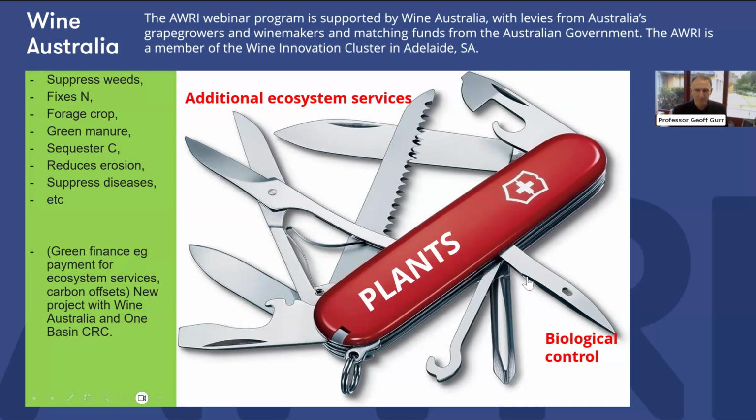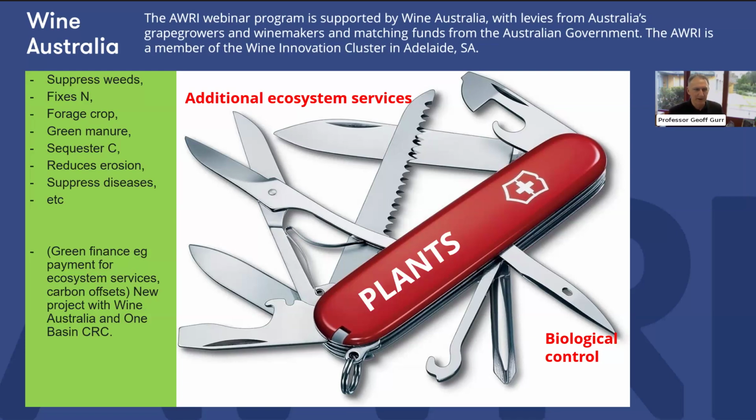So we might, if we choose them well, be able to boost levels of biological control, but also achieve a number of additional ecosystem services. That's these other blades on our Swiss Army penknife. So we can suppress weeds, fix nitrogen, use them as a forage crop, green manure, sequester carbon, reduce erosion, suppress diseases, and so on. So these are very tangible and immediate short-term benefits that can come from appropriate cover crops.